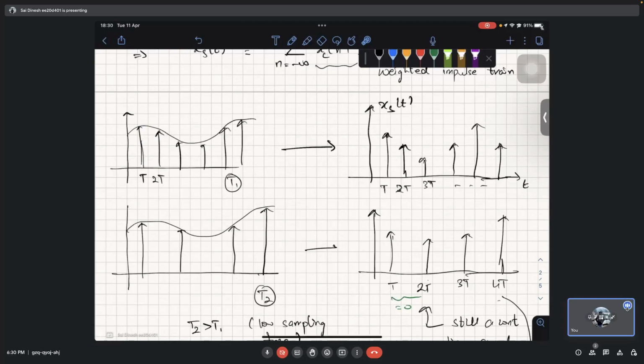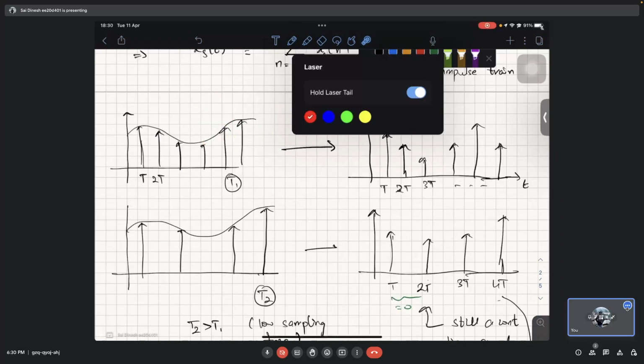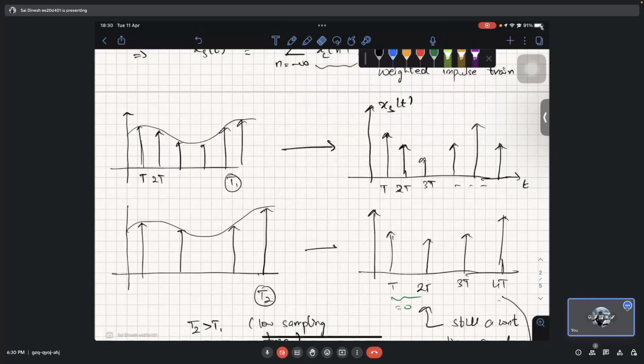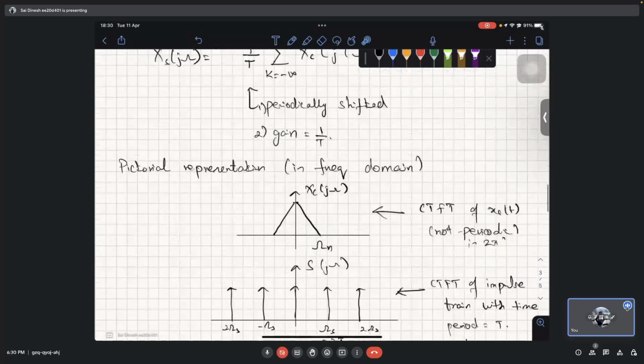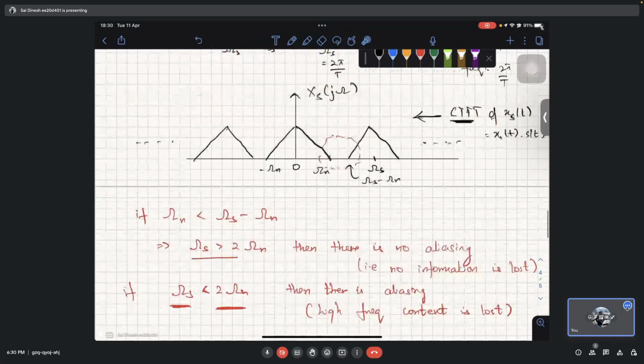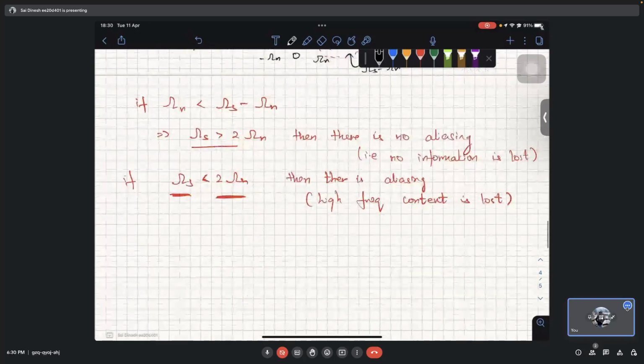In that way, the rapid changes of the original signal are captured with sampling, right? If we take a sampling frequency lesser than that, then we are missing out the rapid changes between the two samples. In that case, the information is lost. That is what aliasing is.